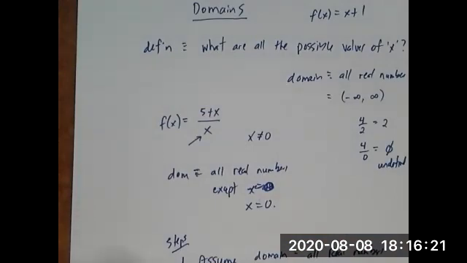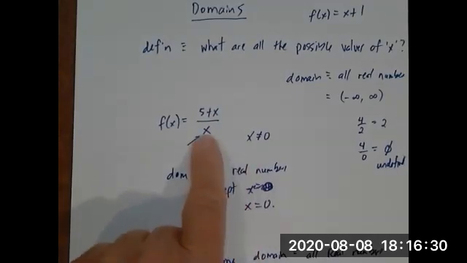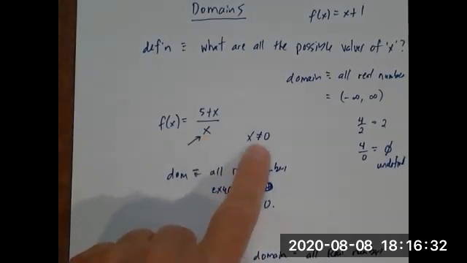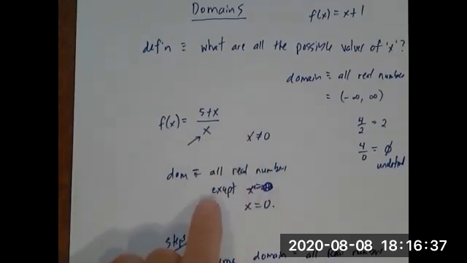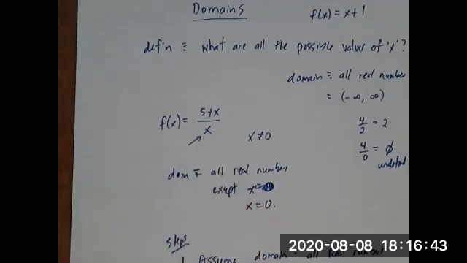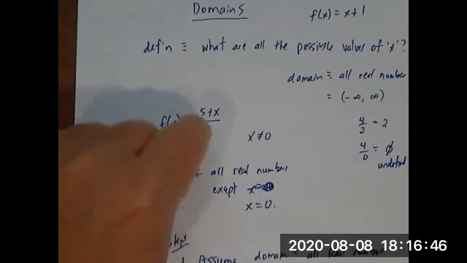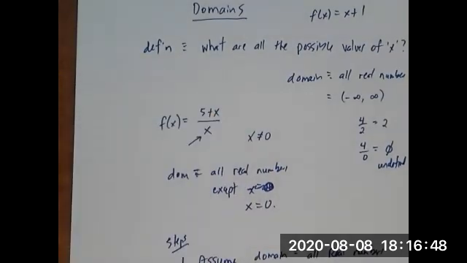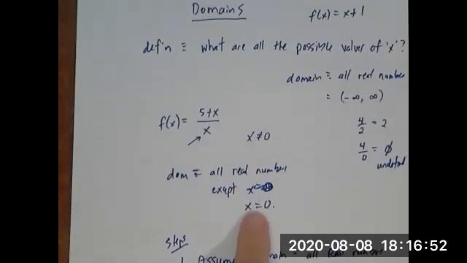What I have to do is look at that denominator and decide which numbers are going to cause the denominator to equal 0. In this case, since it's just x here, I know that x cannot be 0. Therefore, my domain is all real numbers except x equals 0, right? Because I started out assuming the domain is all real numbers, and by looking at this denominator, I realize there's a number that is not in the domain that I can't have.